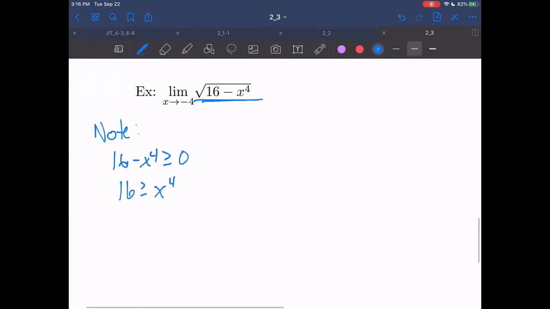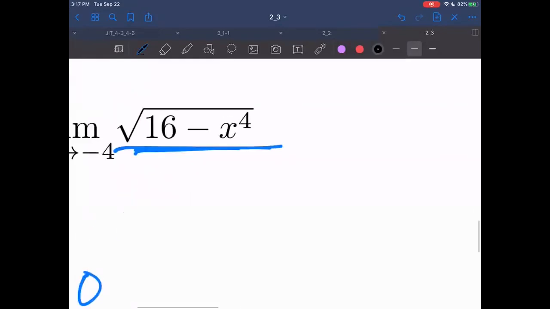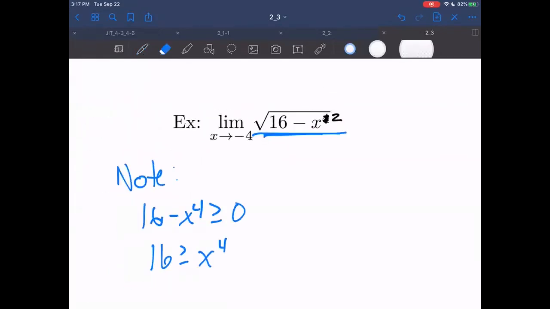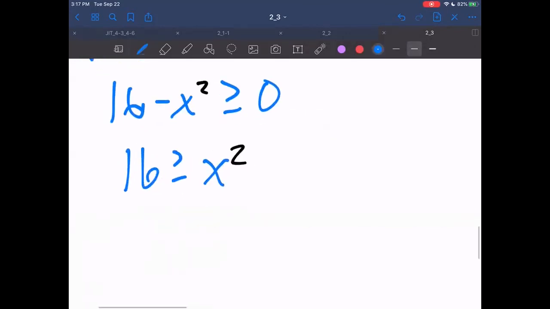That's a typo. Okay, this should be a 2 up here. Okay, that should be a 2. So then we've got 2's here. Okay. All right, so then we get that x, we have positive or negative x is less than or equal to 4.